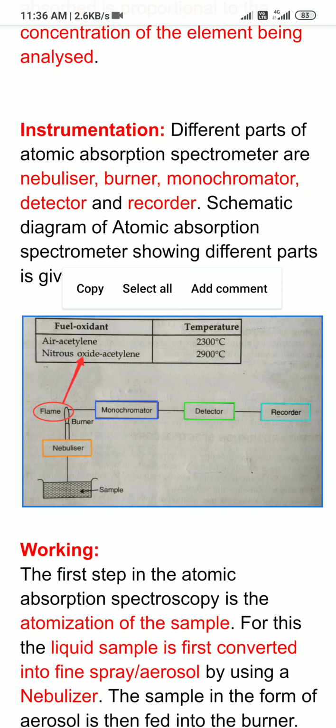and the sample in the form of aerosol or spray is passed on to the flame where it is volatilized. Then what will happen?